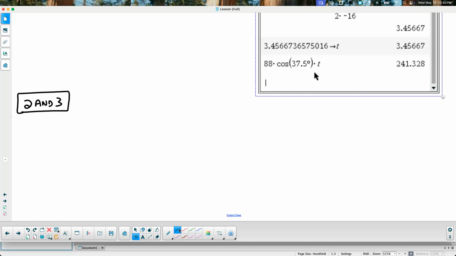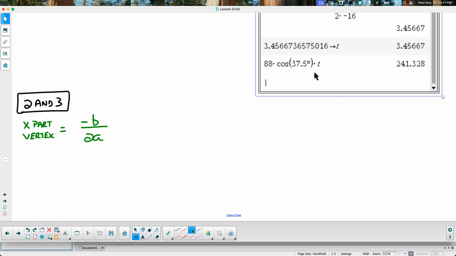So thinking back to my previous Algebra 2 days, the x part of the vertex on a quadratic is at the point negative b divided by 2a.